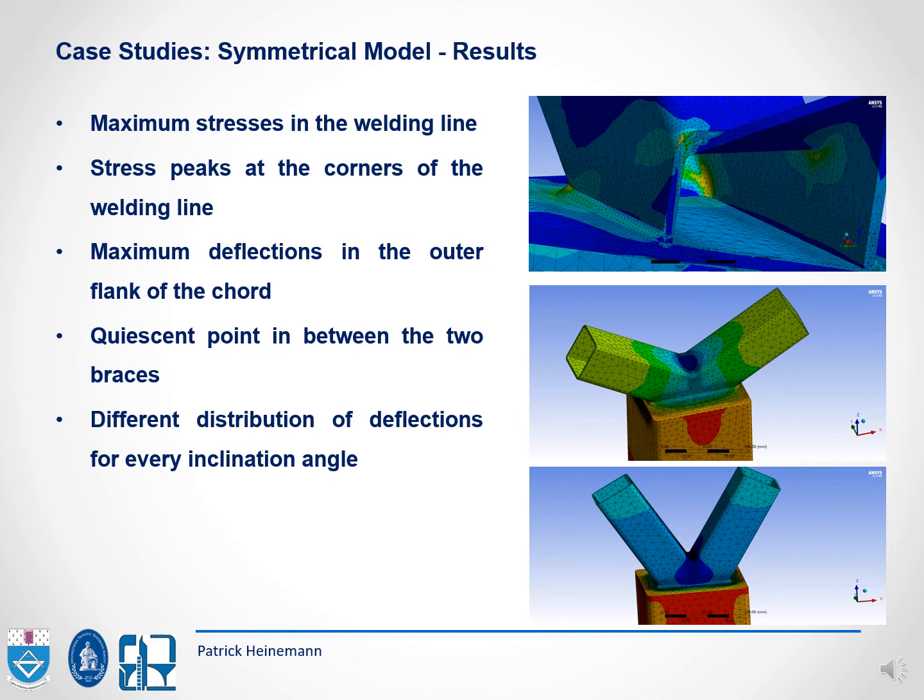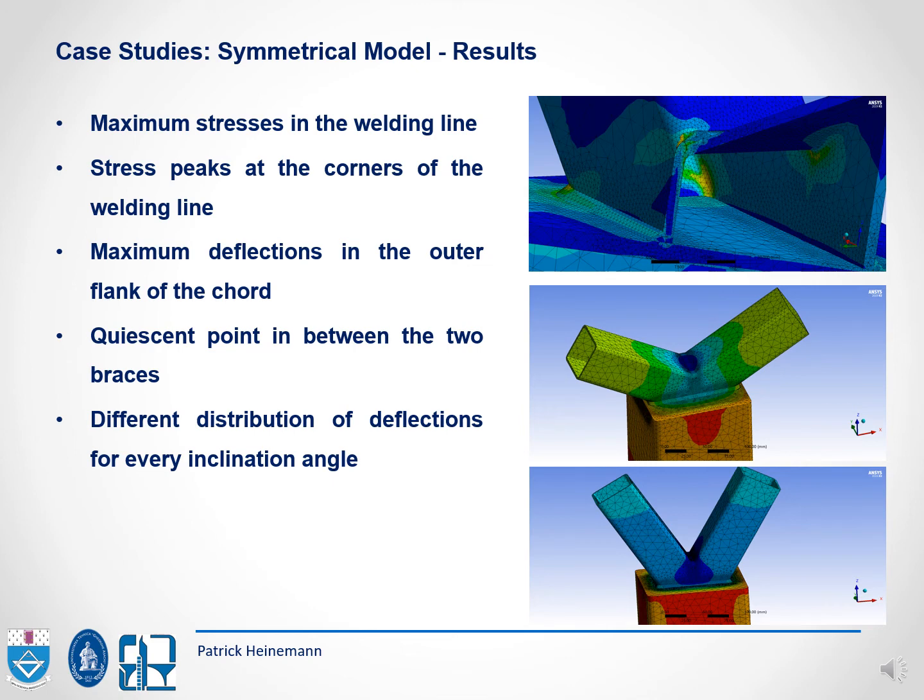You can see it on the first picture. The maximum deflections are in the outer flank of the chord. There's a contact point, especially for the 30-degree model, in between the two braces, which can be seen in the second picture. It's a blue area. And the maximum stresses are marked as a red area.